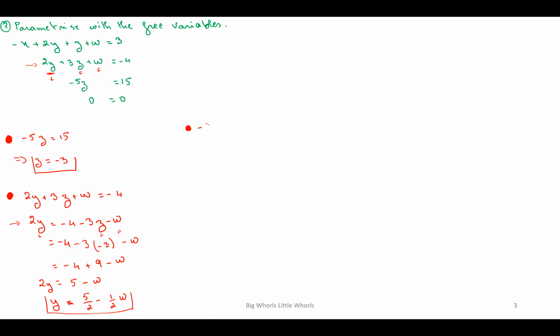Now the first row is minus x plus 2y plus z plus w equals 3. We need to write the leading variable, which is x here, in terms of the free variables, the variables that are not leading. We have minus x equals 3 minus 2y minus z minus w, which is equal to 3 minus 2 times (5 over 2 minus a half of w), minus z, where z is minus 3, and minus w.